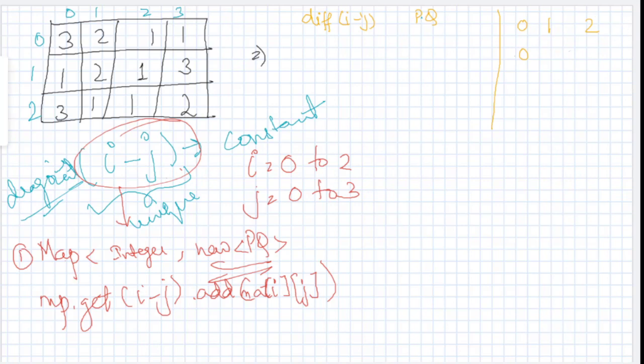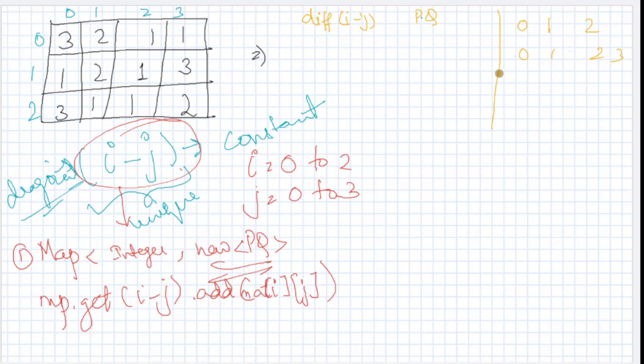Okay, this seems fine now. So if you ask which is the third diagonal, that's 0 minus 3, minus 3 this one, and then the last one comes from 0 minus 2.